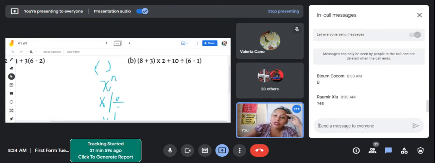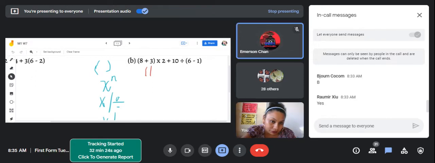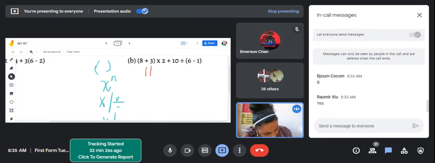So according to this problem, we have two things that are in brackets. So those two things I need to do first. What is 8 plus 3? 11. Very good. And what is 6 minus 1? 5. Very good.